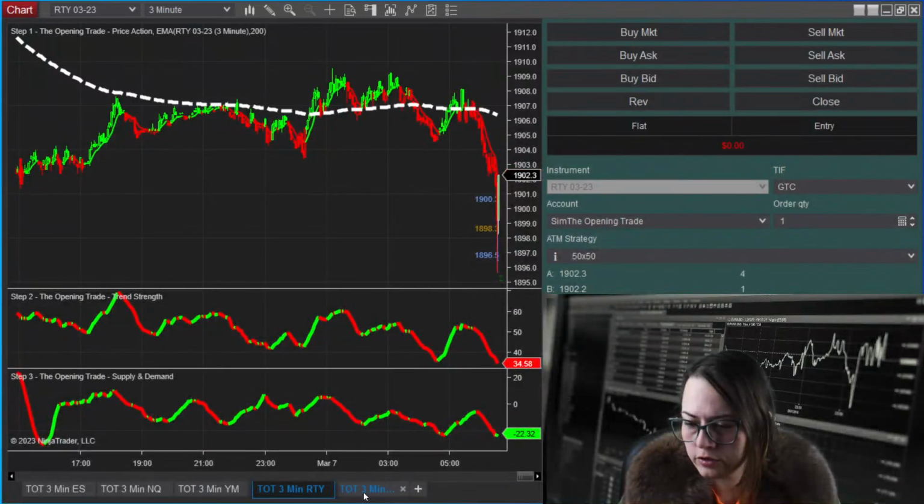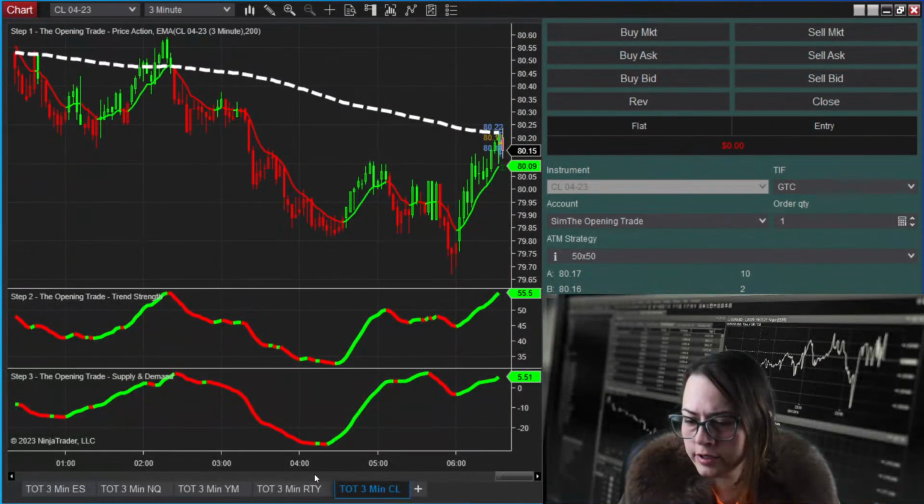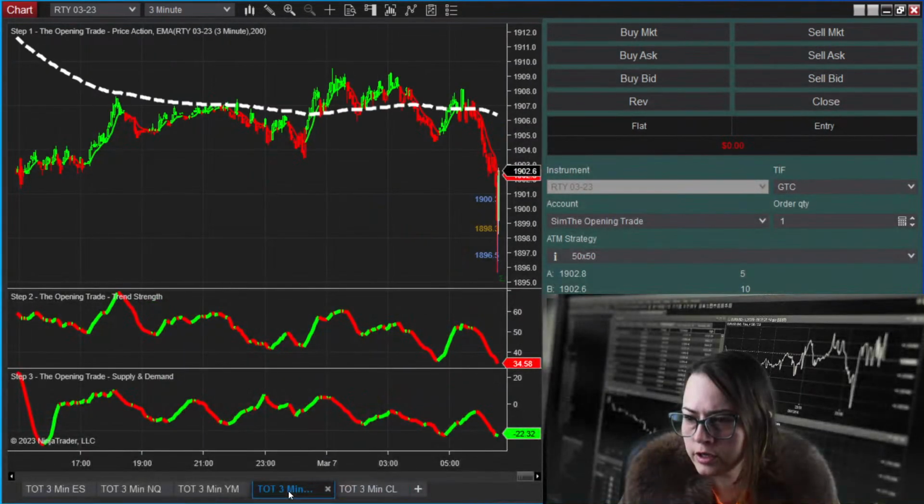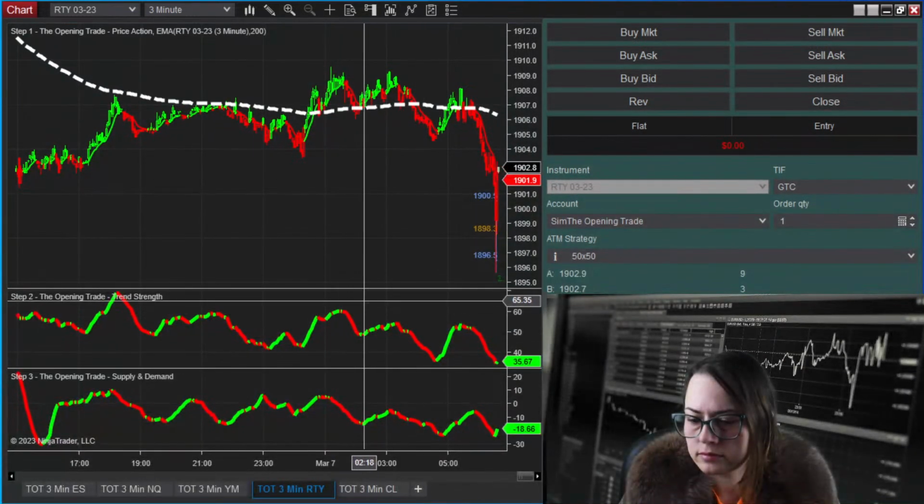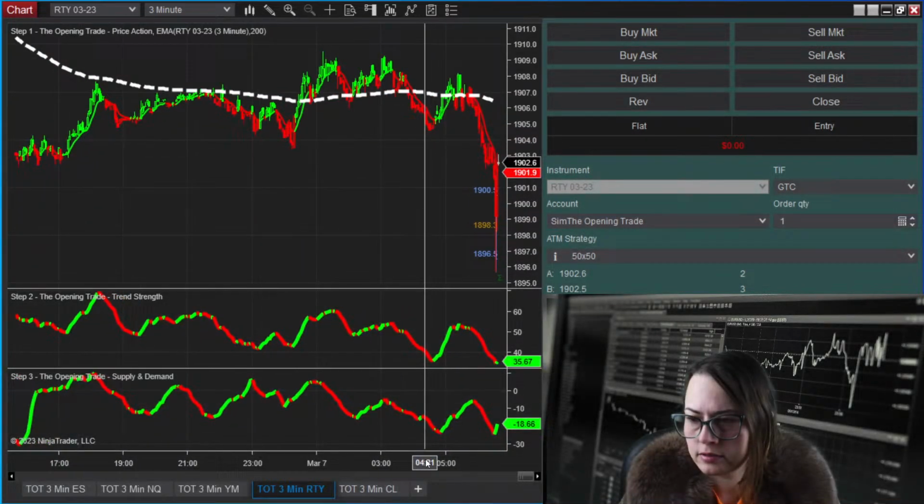So here let's take a look at the crude oil. We're too close to the 200 period EMA. Here we are on the Russell. Okay.